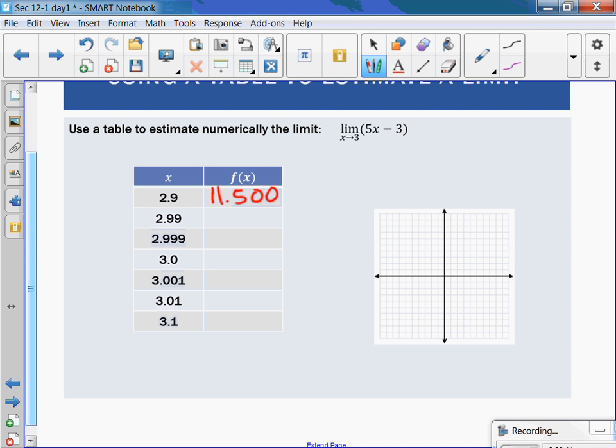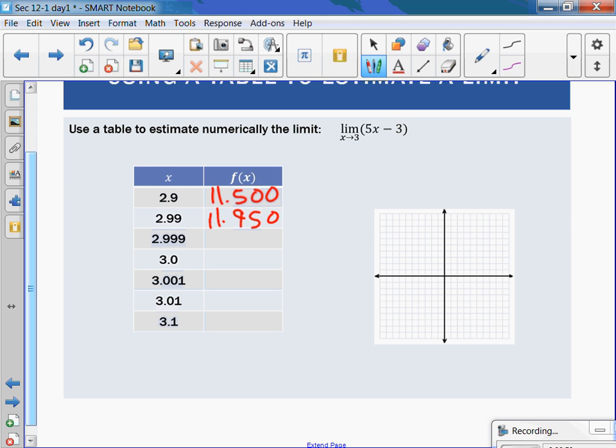What about 2.99? 11.95, and 2.999, 11.995.